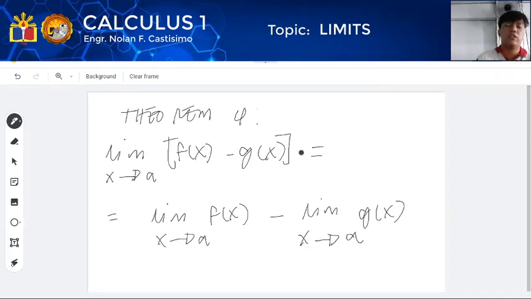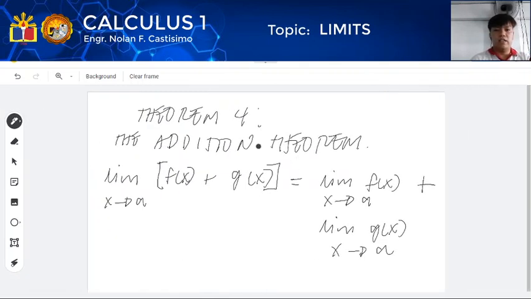Ayan. So, makikita niyo na yung difference. Ito, subtraction. And then, itong isa is yung addition. But, considered as Theorem 4 silang dalawa. Okay.